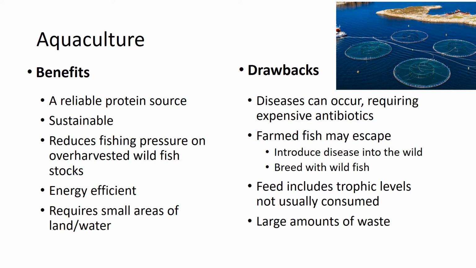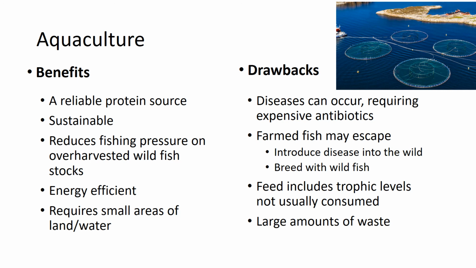Whereas lots of diseases can occur. It can require antibiotics, or other diseases like sea lice can occur when you have organisms in high densities. The farm fish could escape, so then you have issues with wild fish, whether they're breeding with wild fish or introducing their disease to the wild fish. So that's not good.